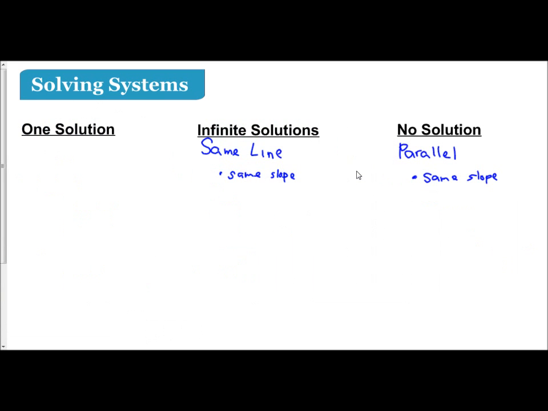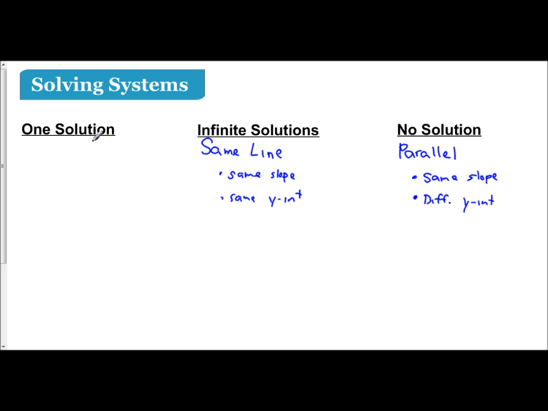And so no solution is going to occur when they're parallel, which means they have the same slope, but different y-intercepts. Same lines are going to have the same slope and the same y-intercept. They're going to be exactly the same equation.